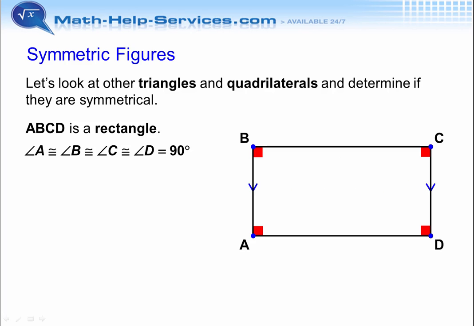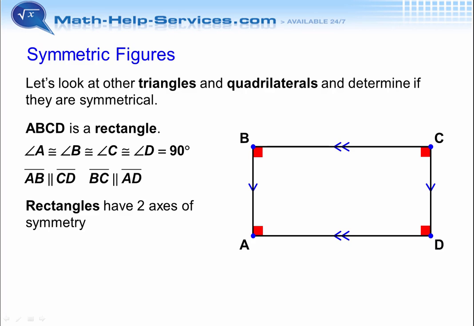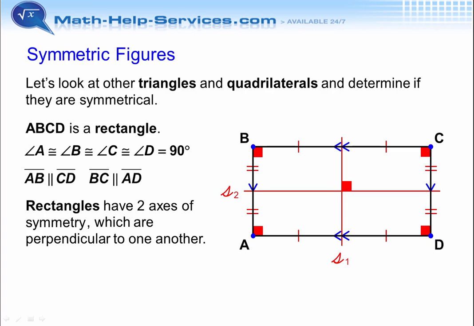That also means that line AB is parallel to line CD and line BC is parallel to line AD. Opposite sides are parallel. Rectangles have 2 axes of symmetry. Here's one, and here's the other. These are both perpendicular to each other. All rectangles have symmetry.